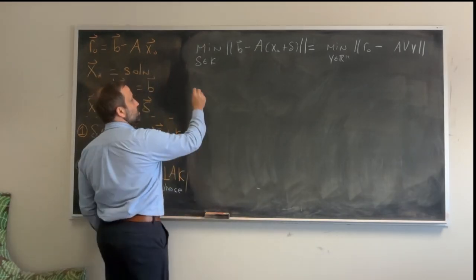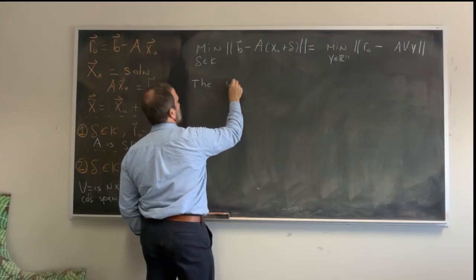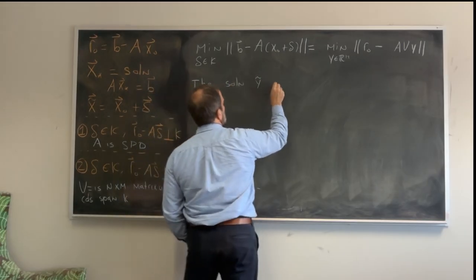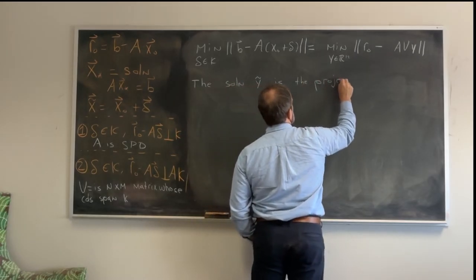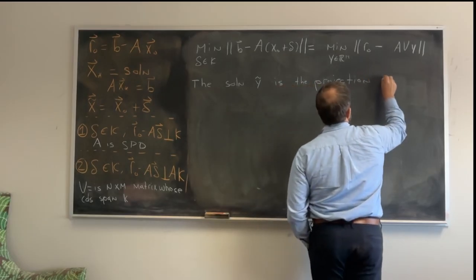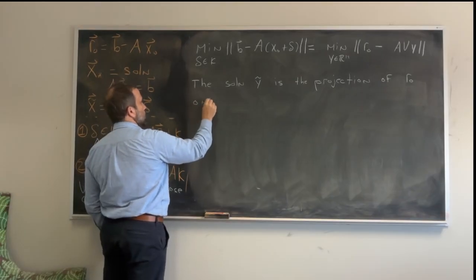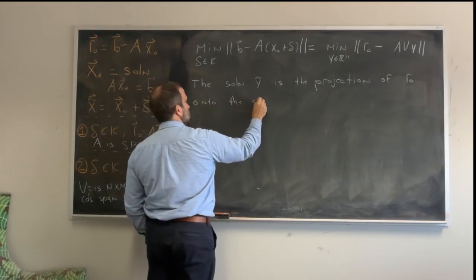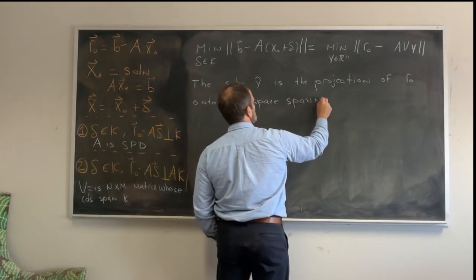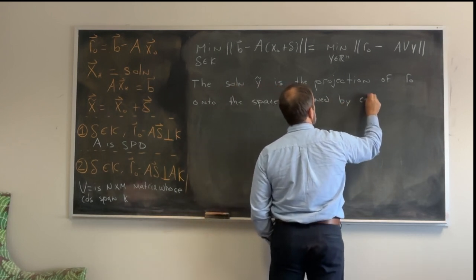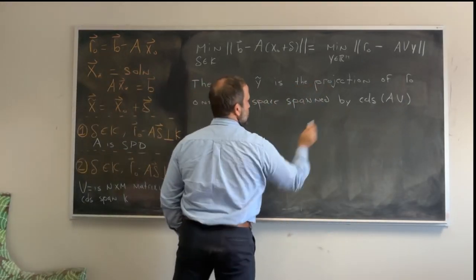Okay, so now what we're saying is the solution Y tilde is the projection of R naught onto the space spanned by the columns of A times V. Or actually, this notation here typically means the column space of AV.